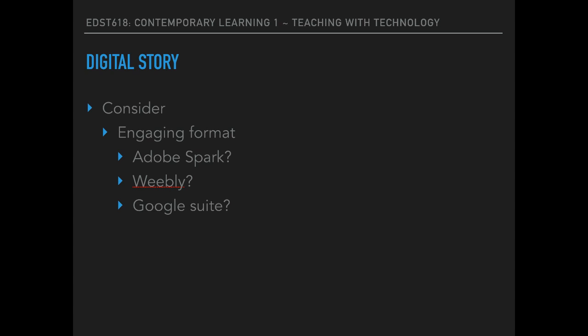Adobe Spark is free, and it produces really lovely promotional websites, so you might want to have a look at that. You could use Weebly, you could use the various functions within the Google suite, but again, the choice is yours. I would keep it simple. In a case like this, simple and chic is probably the best way to go.